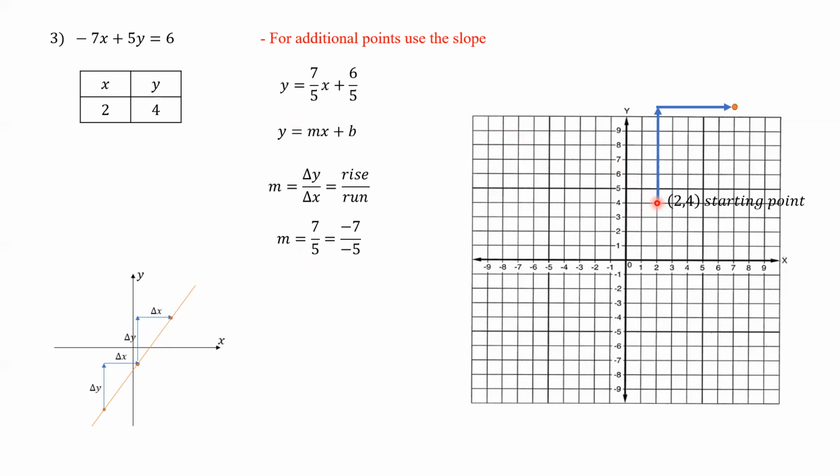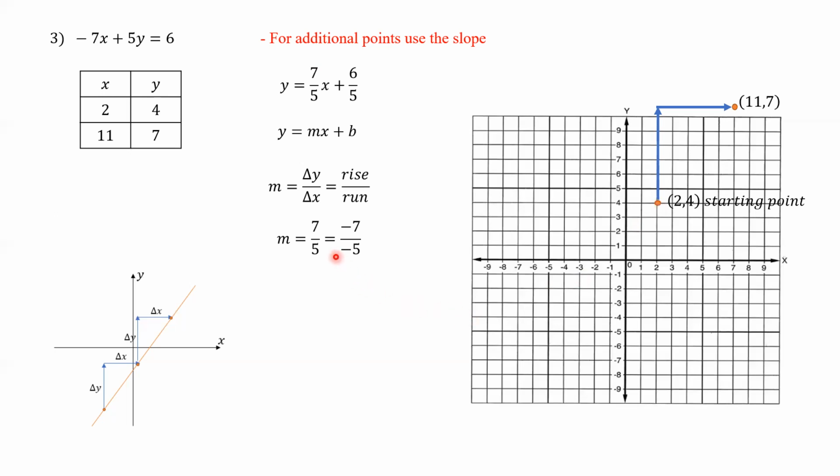So this is my additional point with coordinates (7, 9)... However, that point is outside of the boundaries of my graphing paper. Then I will find additional points that would be within the boundaries of my graphing paper.